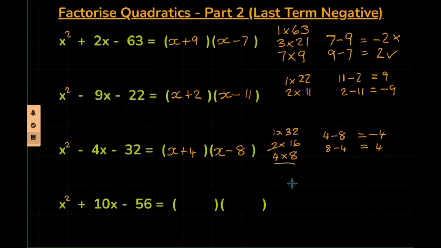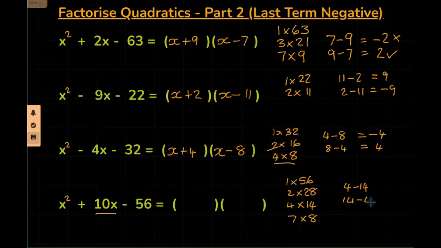Lastly then, the 56. Well, we've got 1 times 56, 2 times 28, 4 times 14, and 7 times 8. Well, I need a difference of 10, so I'm going to get that from the 4 and the 14. So either 4 minus 14 or 14 minus 4.